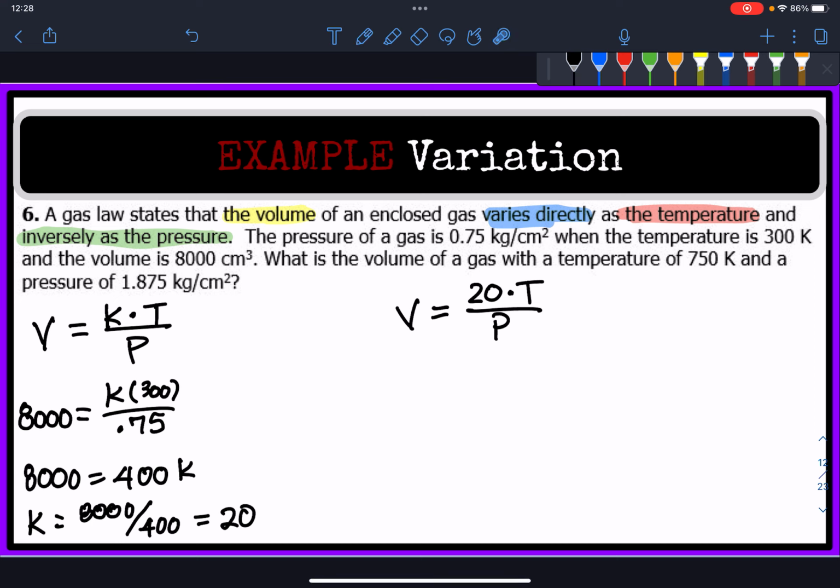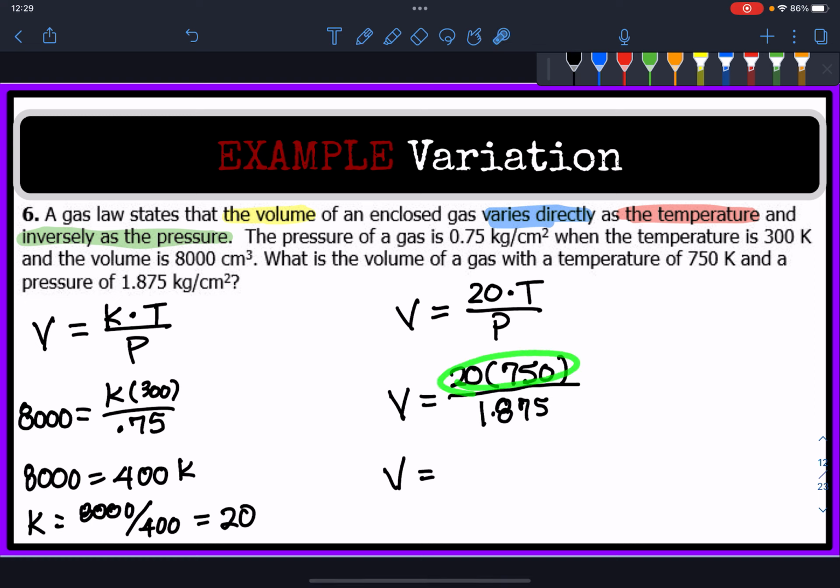So now let's find out what that volume is when the temperature is changed to 750 and the pressure is changed to 1.875. Here I recommend that you multiply this together first.